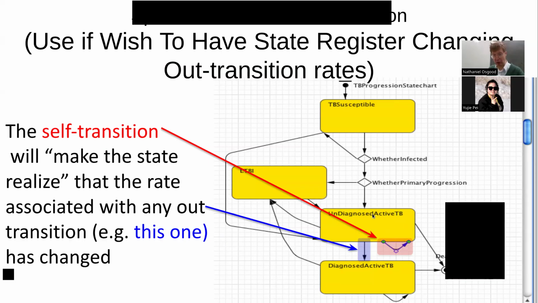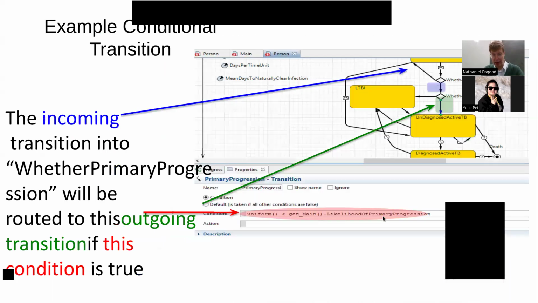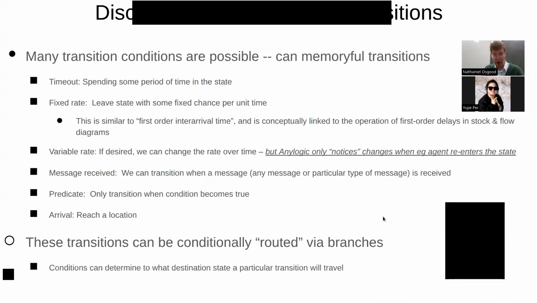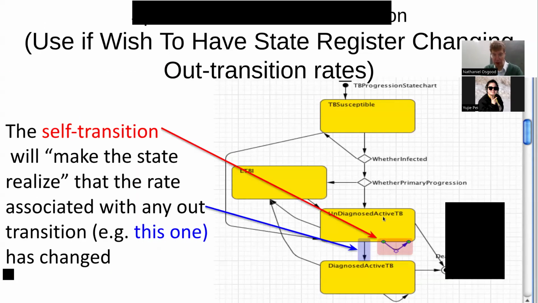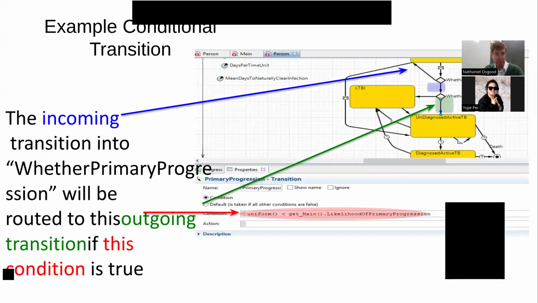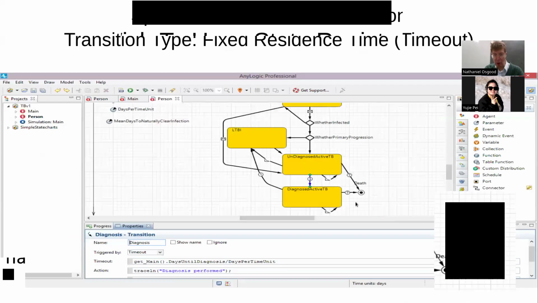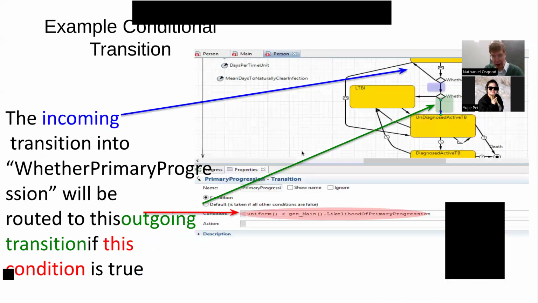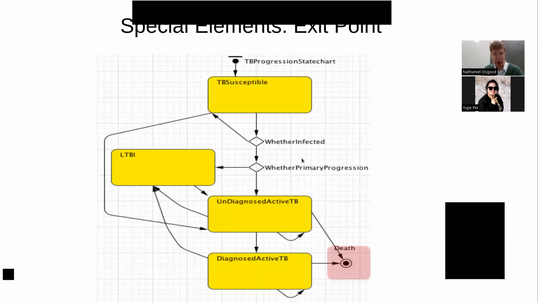Whereas you can actually have a transition inside of that state visually, going from that state to itself, it'll just stretch from this side to this side, which will lead to them remaining in that state. But something happens, say, periodically. I would note that for branch transitions, there's both default and conditional transitions, etc.